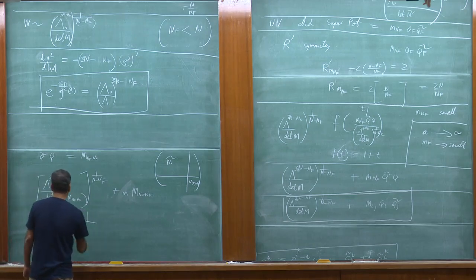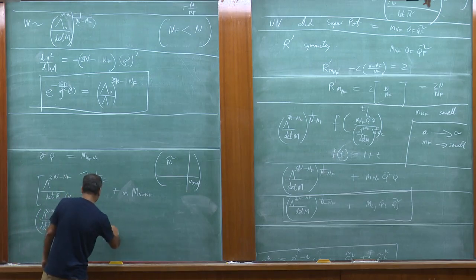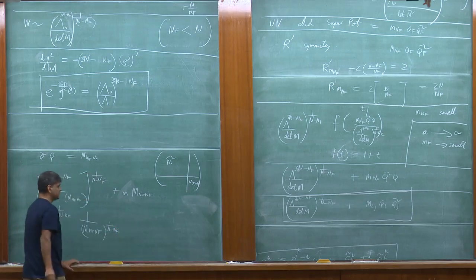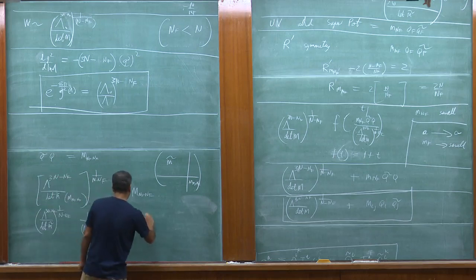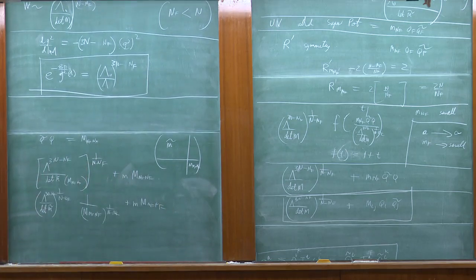And then we have 1 over m nf nf to the power 1 over n minus nf plus m, that's what our superpotential is.